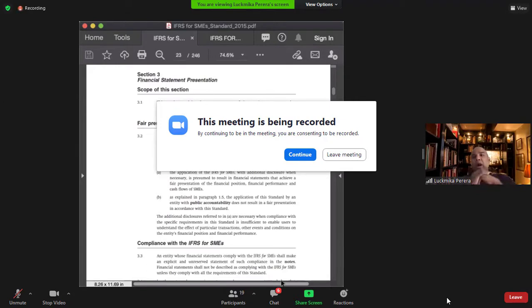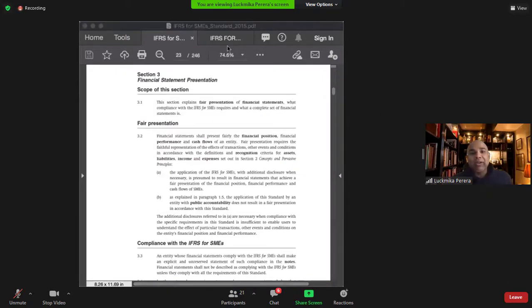Now, how many of you are from accounting background or have any idea about the accounting equation? Let's put it this way. How many of you have not heard about the accounting equation? Raise your hand or make a gesture on the chat engine, please.